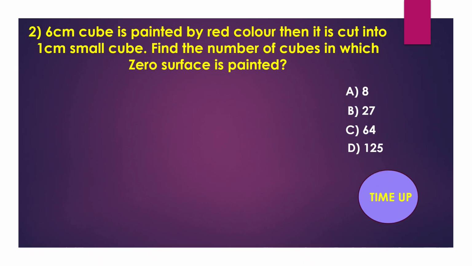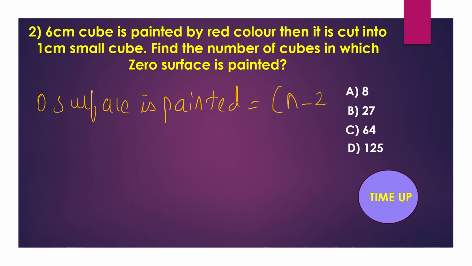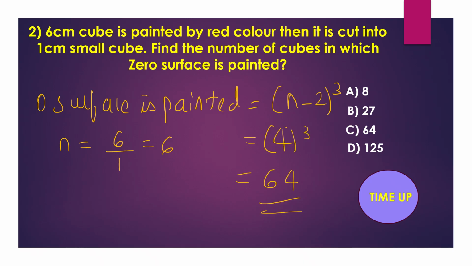When zero surface is painted, the formula is n minus 2 the whole cube, correct? So what is n here? 6 divided by 1. So 6 minus 2 is 4. 4 cube is 64. So the answer is 64.